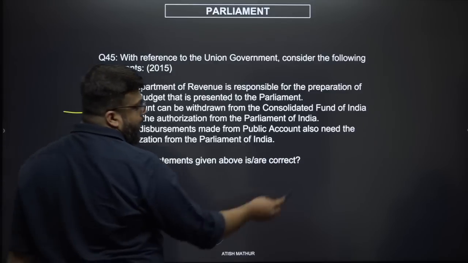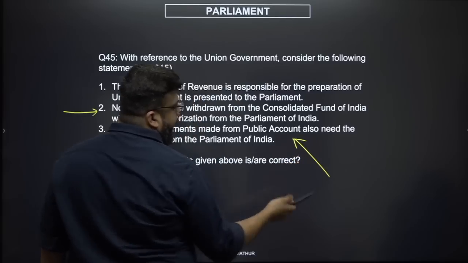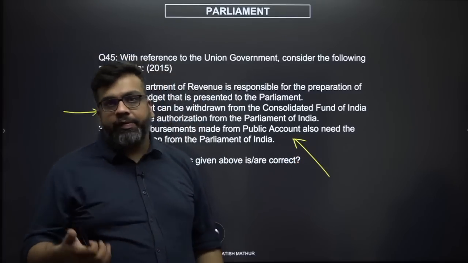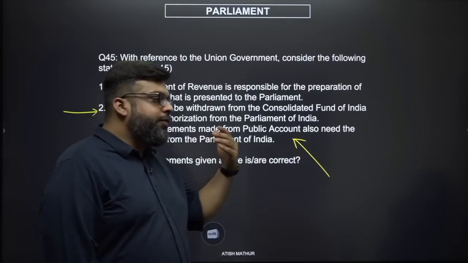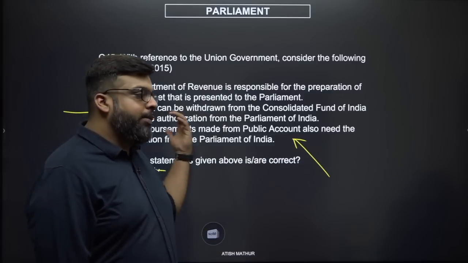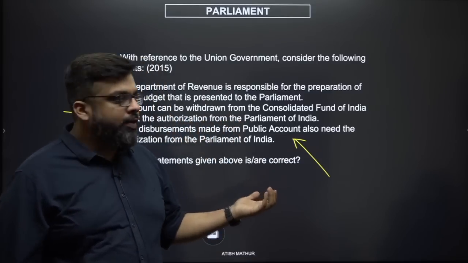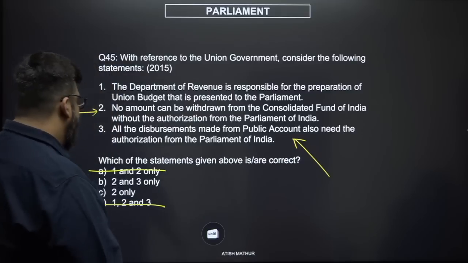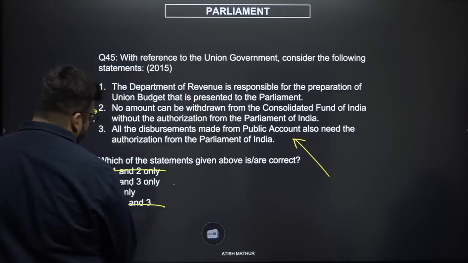The public account is money which is kept in the account which belongs to the people directly, Provident Fund, etc. So if money belongs to the people directly and the money is managed by the executive, why do you necessarily need parliamentary authority? You don't. So the answer is C, 2 only.